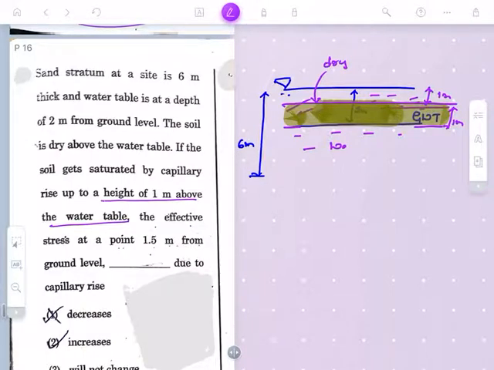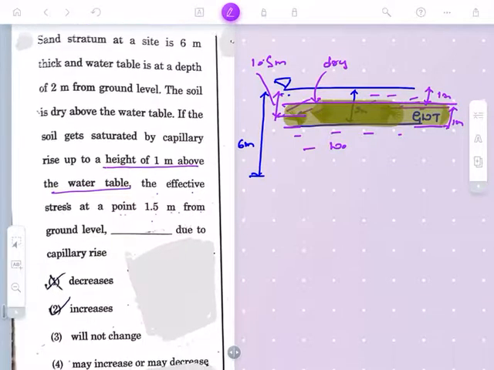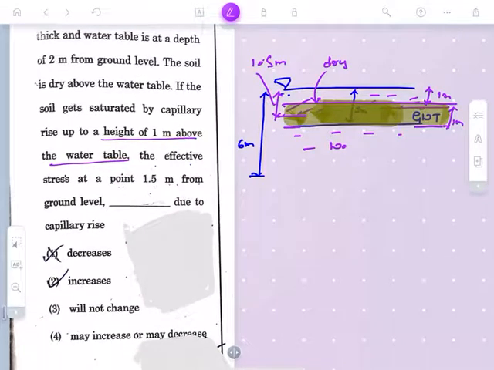The effective stress at a point 1.5 meter from the ground level. So from the ground level up to 1.5 meter, what is the effective stress? What is the condition of effective stress? They are asking. That is due to capillary rise. Of course, in this condition, the effective stress will be increased.